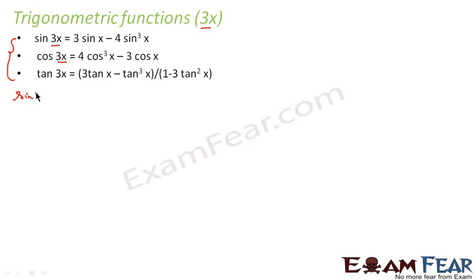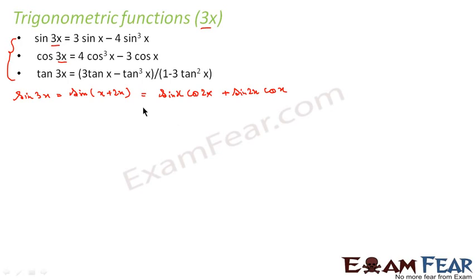Let me take sine 3x first. Sine 3x, I can say this is equal to sine of x plus 2x. This in turn, I can say, is equal to: sine wants to do one thing with cos, so first I'll do the x part and I want cos to do the 2x part, then I will do the 2x part and I want cos to do the x part. So sine of x plus 2x will become sine x cos 2x plus sine 2x cos x.